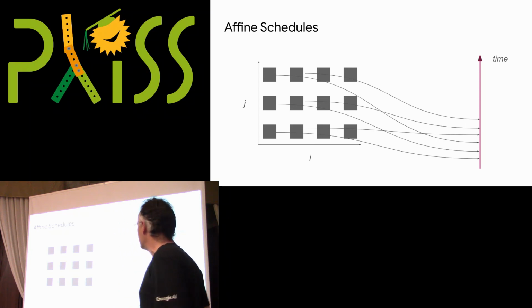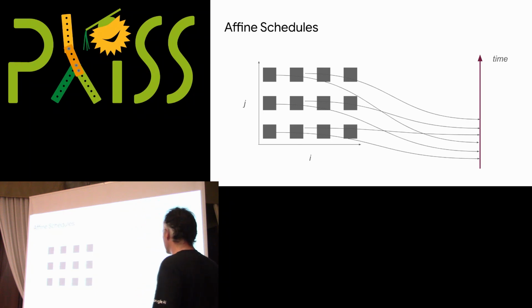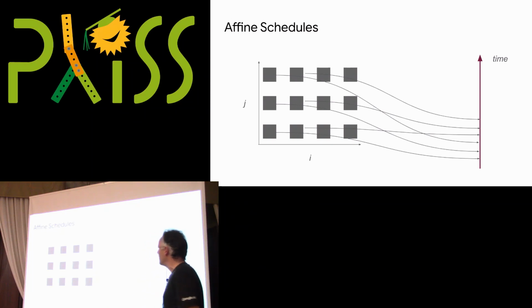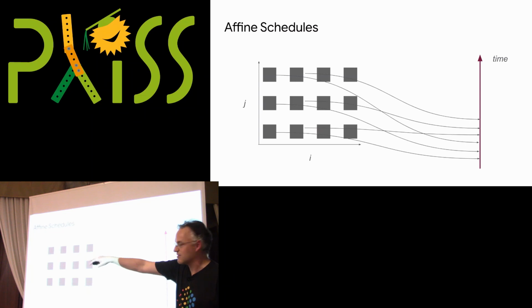But to summarize, the way we deal with program transformations in a polyhedral framework is to go from iteration domains to some kind of logical time abstraction by so-called affine schedules. These affine transformations, these linear transformations, we don't represent directly from program to program. We represent them from iteration domains, the iteration space, to some logical time.